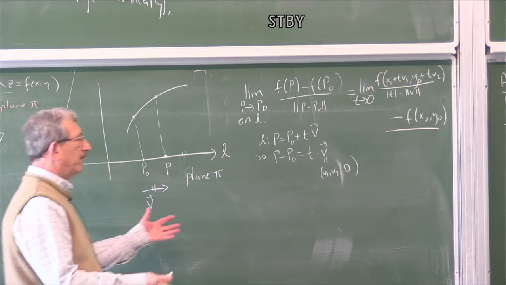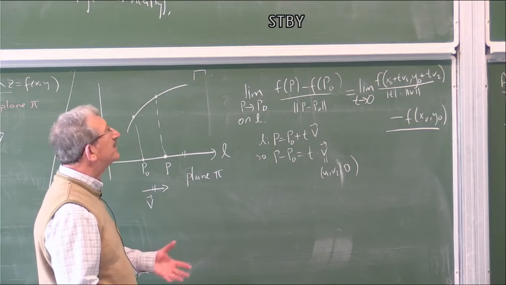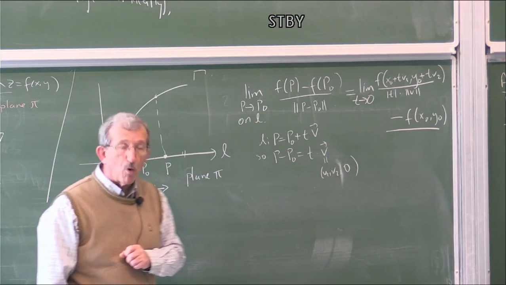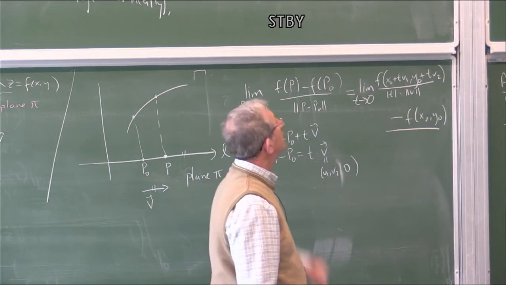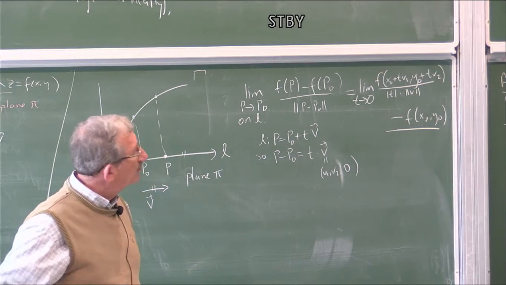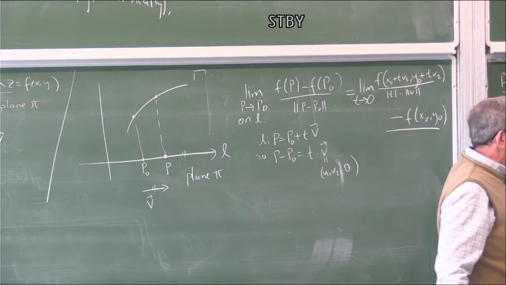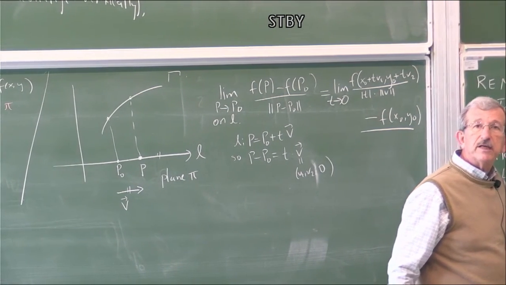We don't have the x and y of p anymore, we represented them by p0 plus tv. Now, this ratio, of course, is nice, but we have the absolute value. And when we talk about limits in one variable, we don't have it. We just let t go to 0.